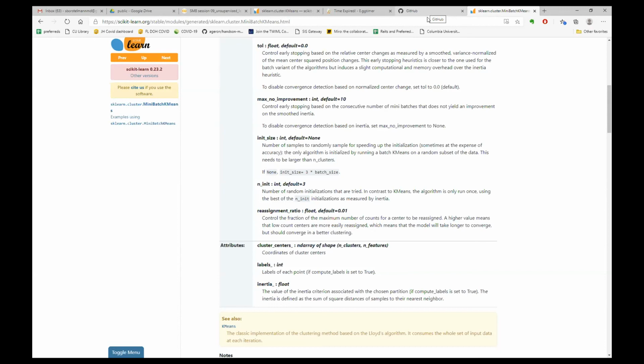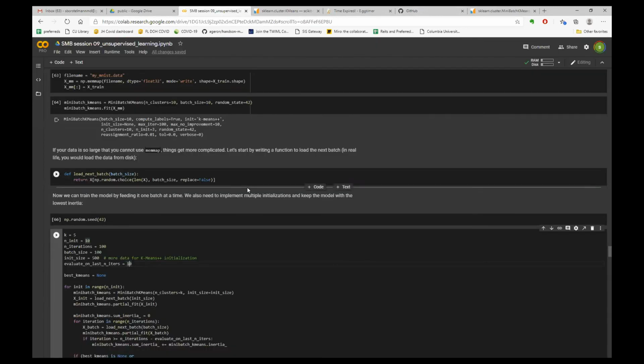I think the mini batch in this was 100, if I recall. So you're going to go through them 100 at a time: first 100, second 100, third 100, fourth 100, fifth 100. Then pick another 500, first 100, second 100, and so on. So in that respect, it's a little bit like bootstrapping.